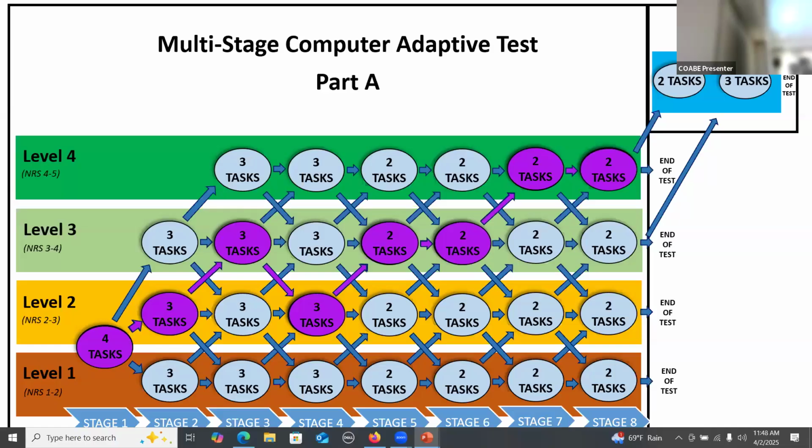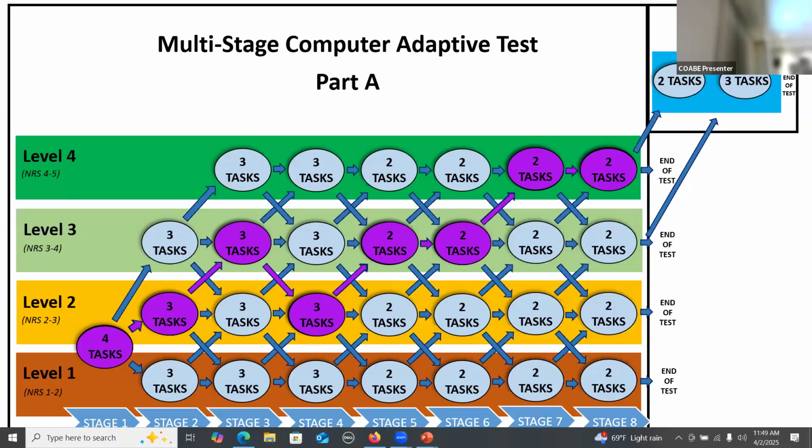And for illustration purposes, they will get to part B, which is not visible because my camera is here. Here we go. So I think most students who are LEP will stay in these levels 1 through 4. But on occasion, if you have a very high proficiency student, they may get to part B, which measures NRS levels 5 through 6.